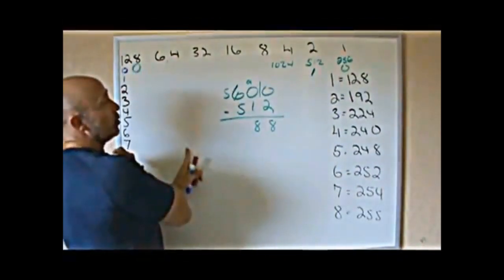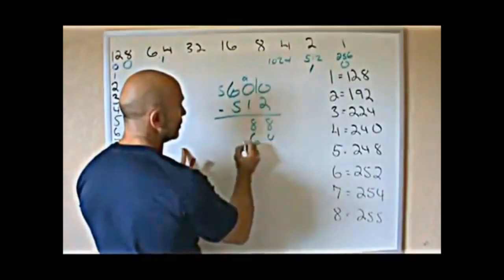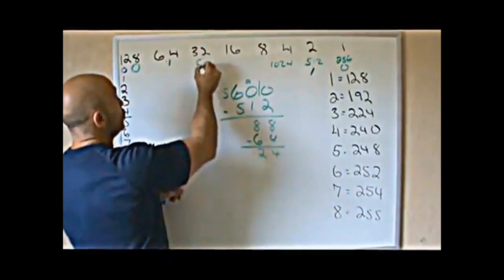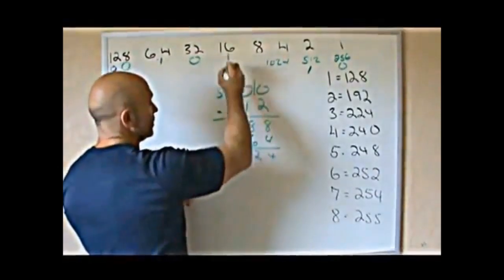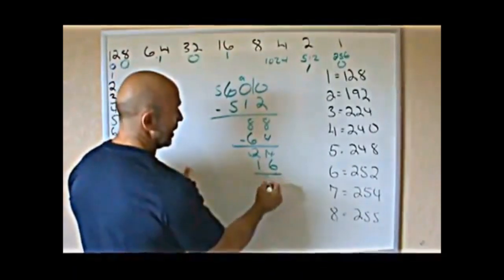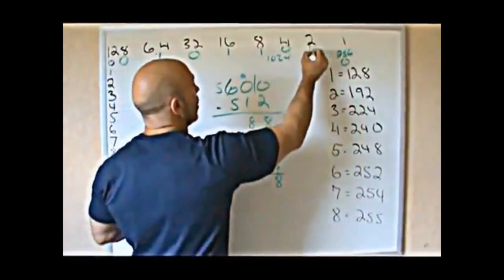This one's off, too much. Turn that one on: 64. That leaves me with 24. Too much, then 16, that is 8, and then 8. Then the rest are 0.